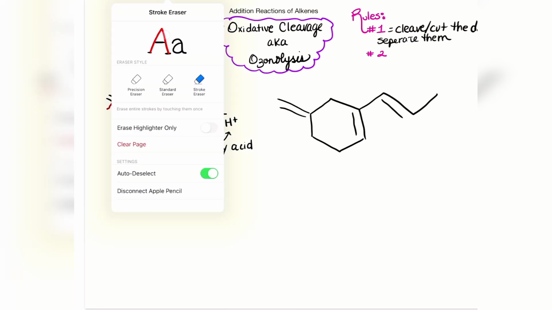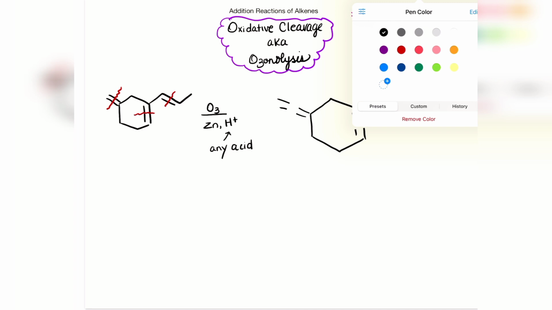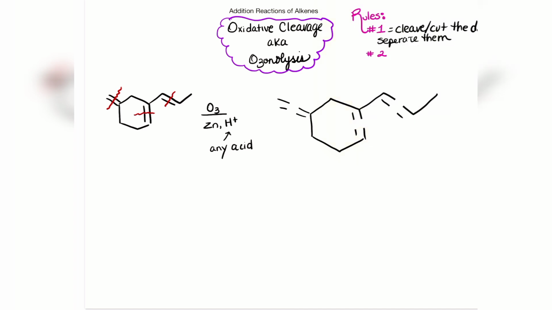Let's do this. Perfect. So we're cutting right in between where we drew that line for each one, so it's like we have a gap in between. I'm just going to extend the double bond here on both sides and clean it up.